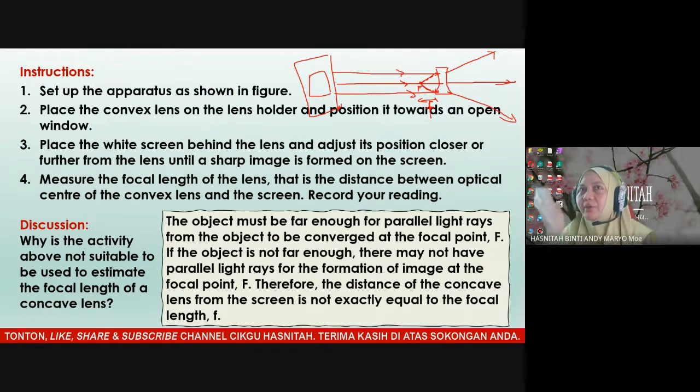Even though you adjust the screen, it is very difficult to get the real image on the screen. So that's why this activity is not reliable to determine the focal length of a concave lens. It can only be applied to convex, not concave.